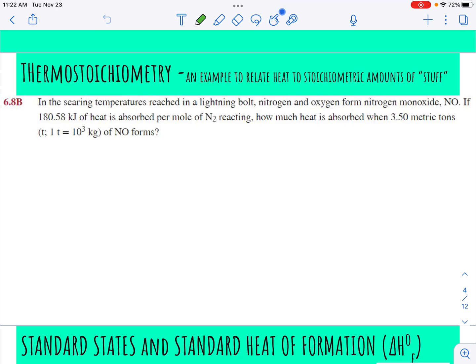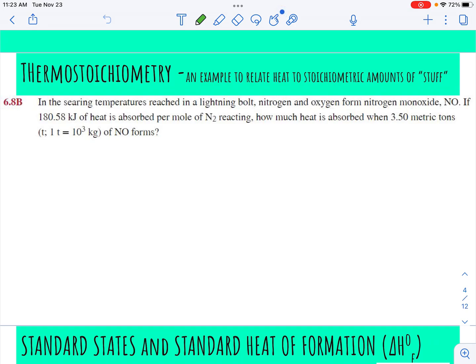So the coefficients are really, really important, and this is hammered home from Hess's law and from a few other things that we do, but the amount that's shown in the equation would be in moles using the coefficients, and the amount of heat that matches it in our thermochemical equation has to match those coefficients in numbers of moles.